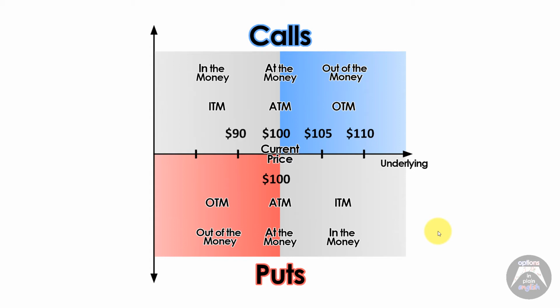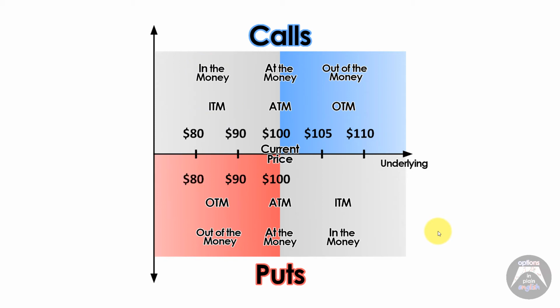Now, if we start looking at prices below, 90, 80, 70, etc., those will be called in the money calls, because, for example, the $80 strike call already has $20 of actual value, and that's what makes this particular call an in the money call. It's already inside the range where it has some value.